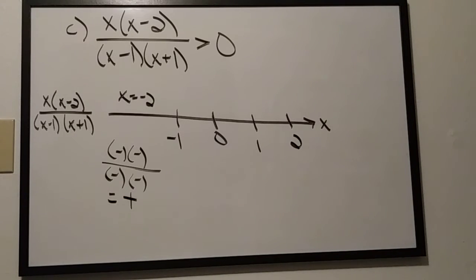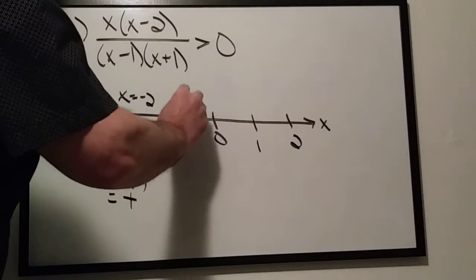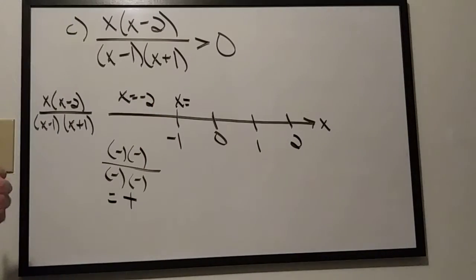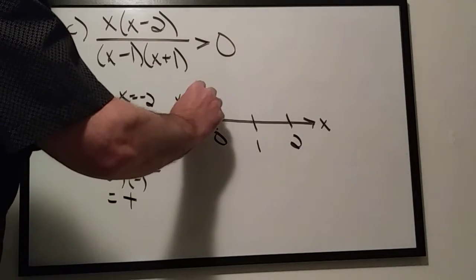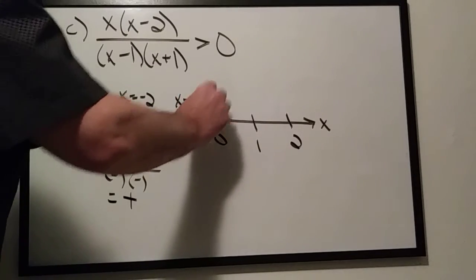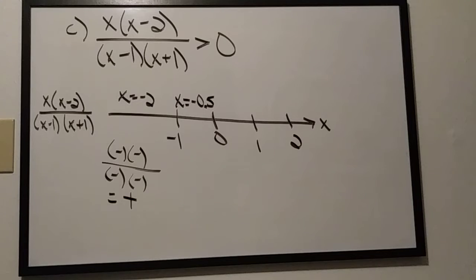Well, let's keep going. Negative 1 and 0. Well, unfortunately, because negative 1 and 0 are so close, we're going to have to choose an x value that lives between them, and that means it's going to have to be fractional or decimal. So let's go ahead and do decimal because most people are more comfortable with decimals. So let's choose a negative 0.5 that lives between negative 1 and 0.